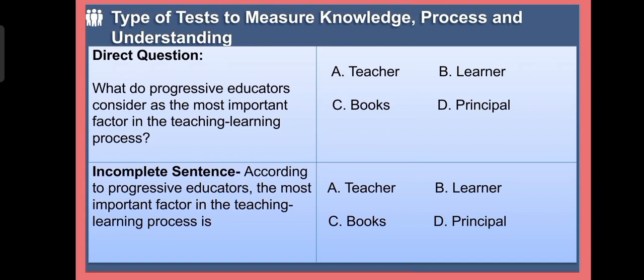A. Teacher, B. Learner, C. Books, D. Principal. Then, the incomplete sentence: According to progressive educators, the most important factor in the teaching learning process is A. Teacher, B. Learner, C. Books, D. Principal.